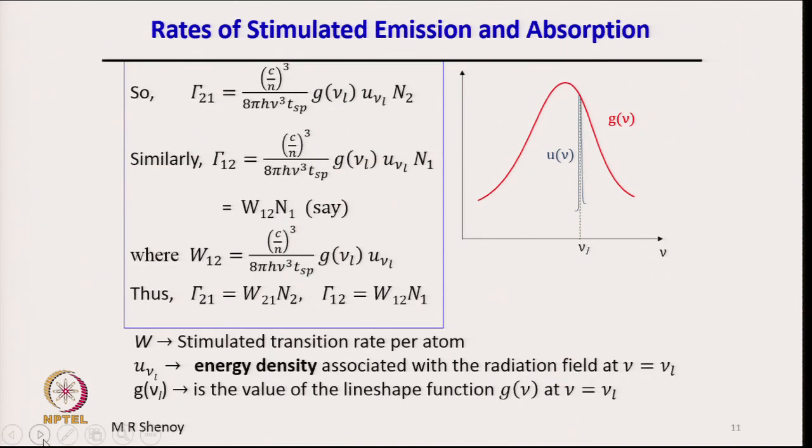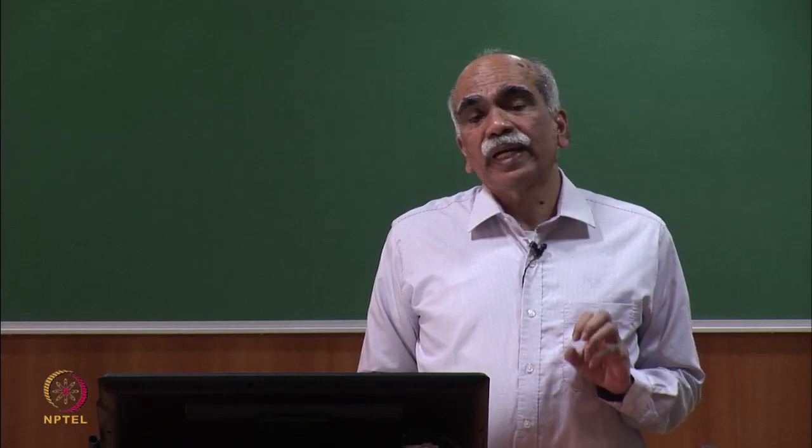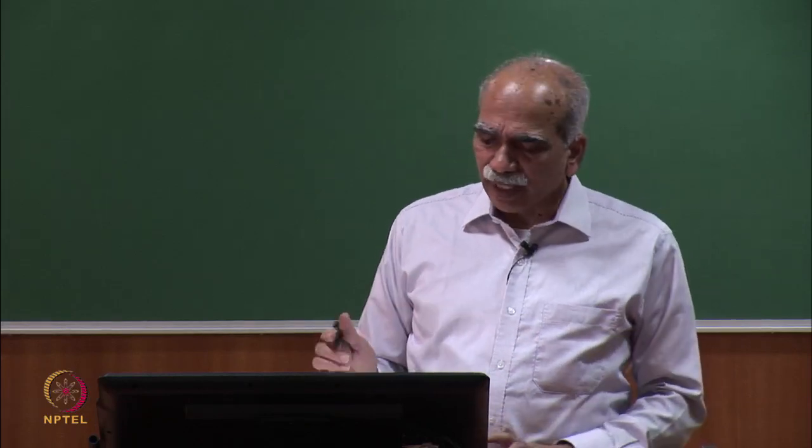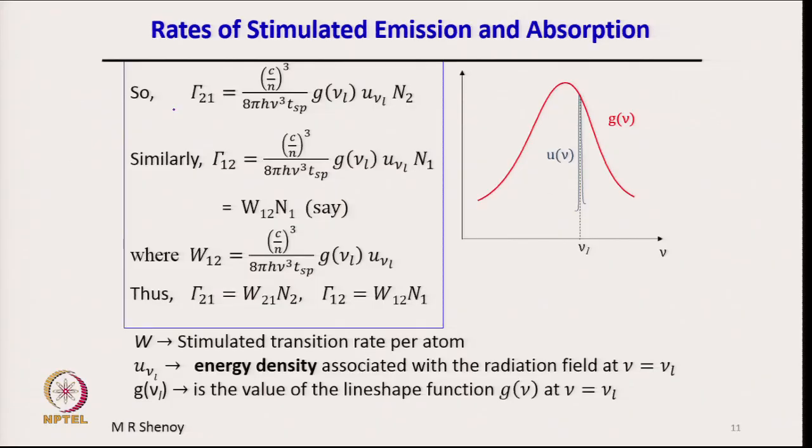Therefore, to summarize this discussion of rates of stimulated emission and absorption, which now we have upgraded with the inclusion of the concept of the atomic line shape function, these are the expressions which we will use subsequently to determine the amplification. So, gamma 21 is the rate of emission and gamma 12 is the rate of absorption in a non-degenerate atomic system. You can see that it is identical except for n2 and n1.